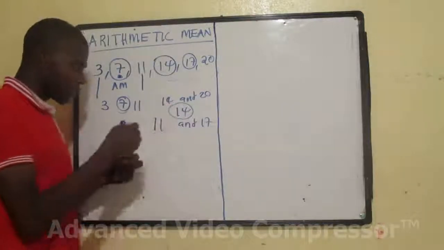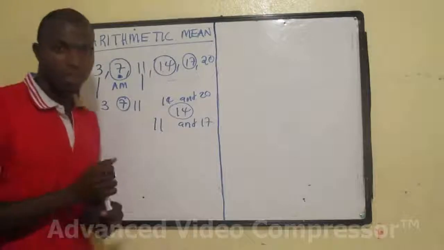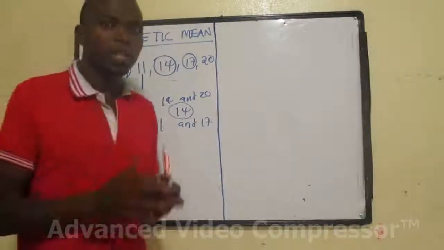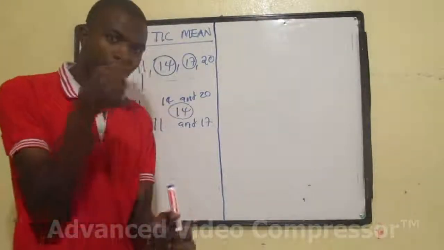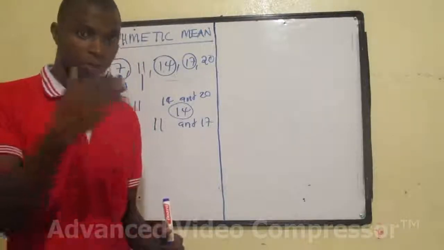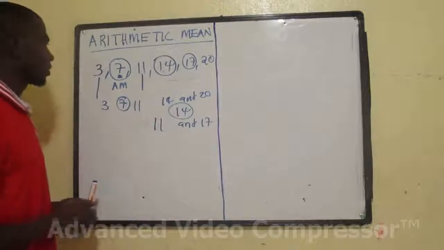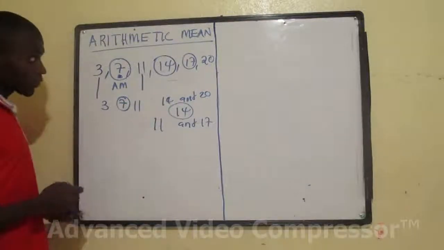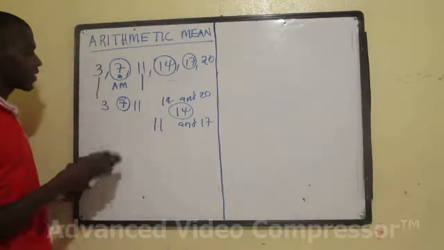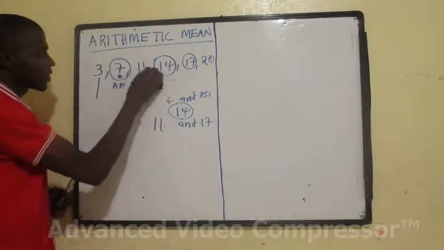Sometimes we are going to be given a question where that term in between is not given. How are we going to find it? For this sequence, we know the number that is in between, so I will use the already existing information.